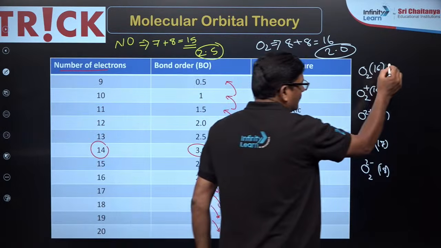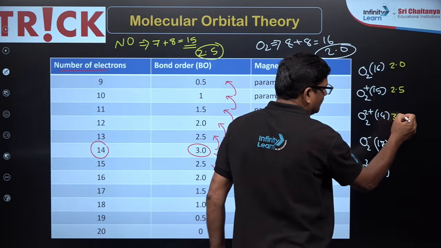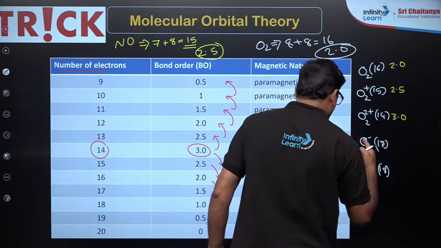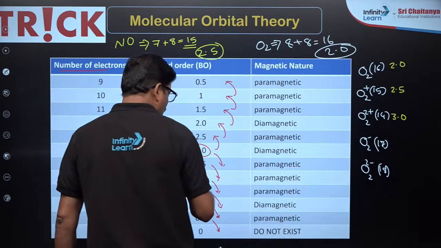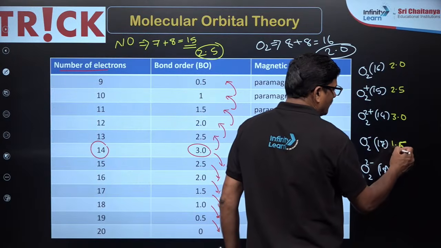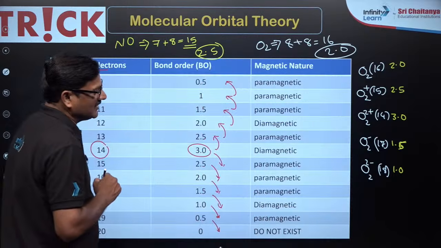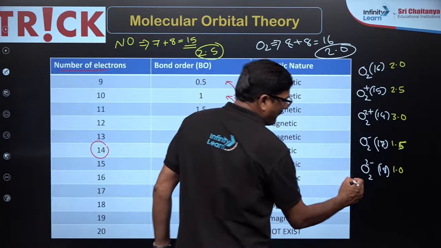It is going to be 2.0, 2.5, 3.0. Again, O2 minus with 17 electrons is 1.5, and O2 2 minus is 1.0. Could you tell me the order of stability here?